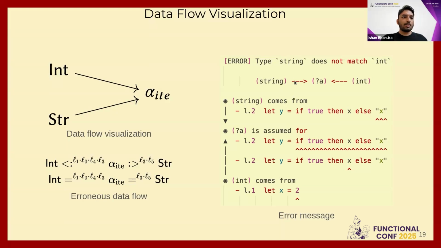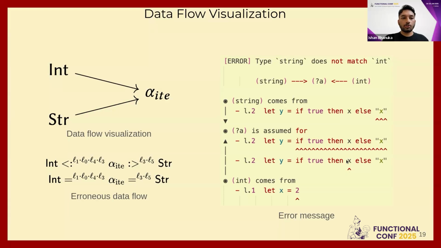What it's trying to say is that there's a program location which is getting assigned a string and an integer at the same time, and that's not allowed. The message below it shows exactly how it's happening. The value 2 comes from line 1. It's assigned to the x variable.